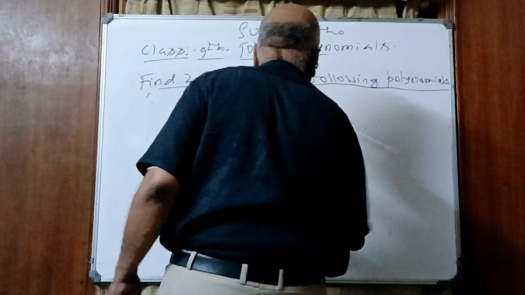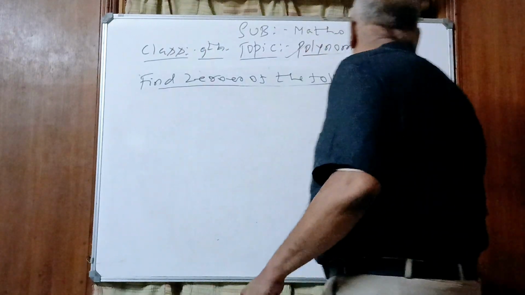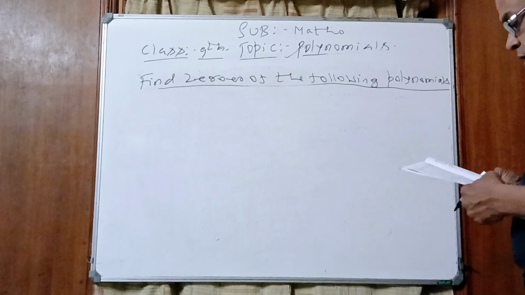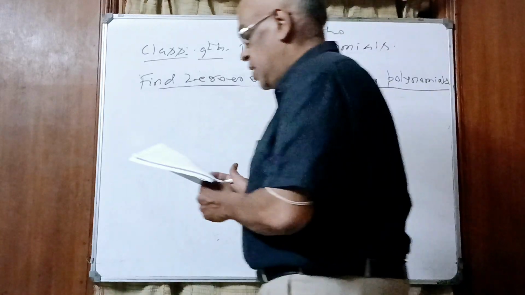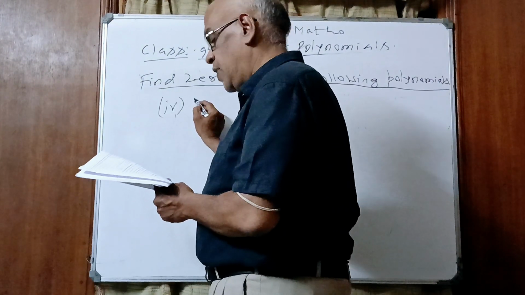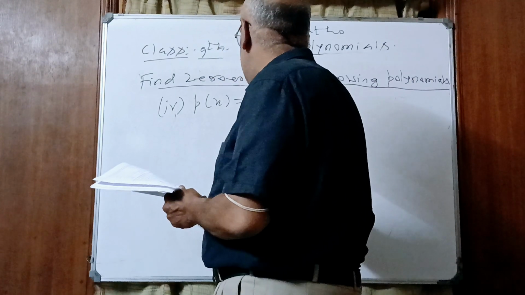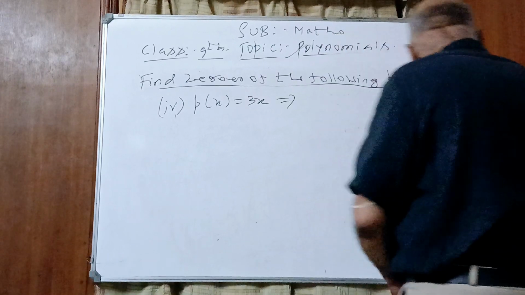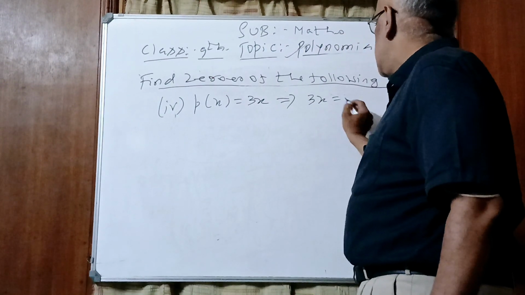So, what is the next question? Very tricky, children. This will be our fourth question. What is that? P of x is equal to 3x. What do you have to do, children? Equate 3x to 0.